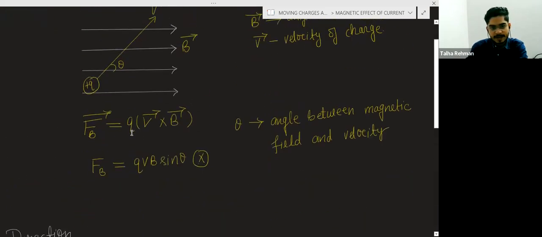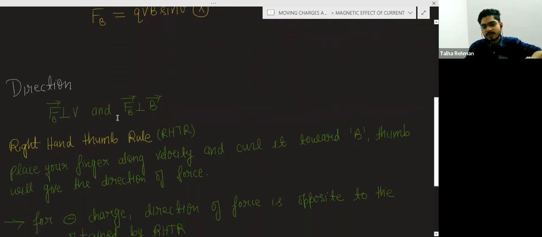This magnetic force is a cross product of the velocity vector and the magnetic field vector, so you can say this magnetic force will be perpendicular to the velocity and perpendicular to the magnetic field.